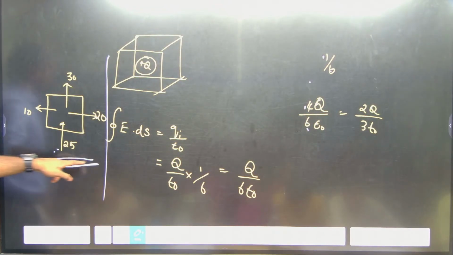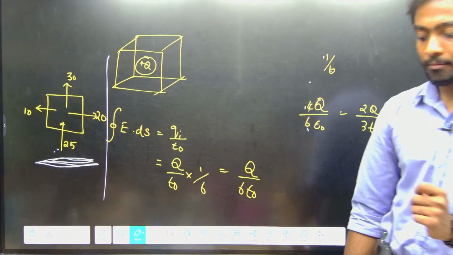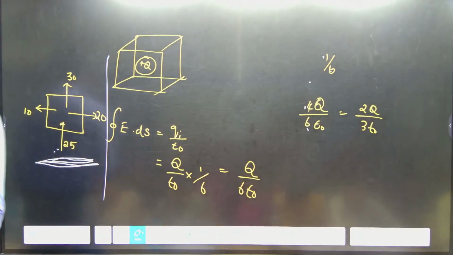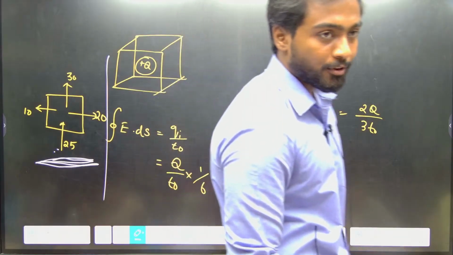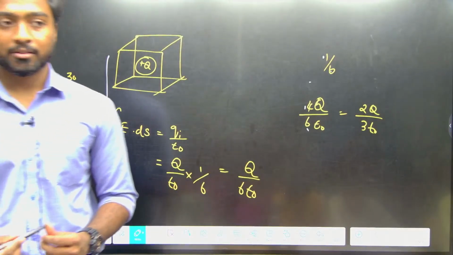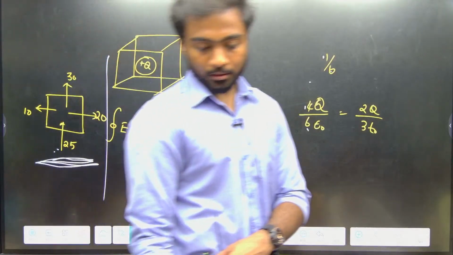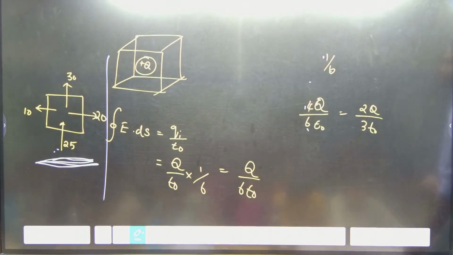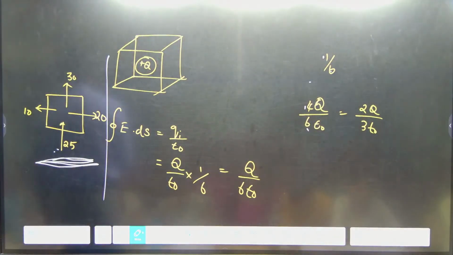Okay, this is the figure. Now find the charge which is enclosed by the closed surface. Okay, in bracket you can write flux. Okay, now give me the answer for this. What is the flux?